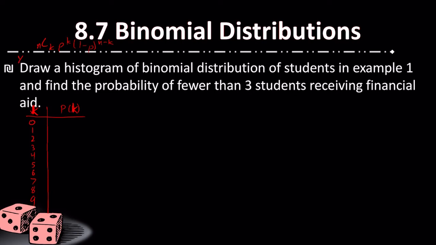I could put it in the calculator as y equals n, which was 9, and I'll put the x for the k. Then p was 0.53, put an x for the k. Then 1 minus 0.53, and you'll probably need to put this in parentheses too. n was 9 and k is x.